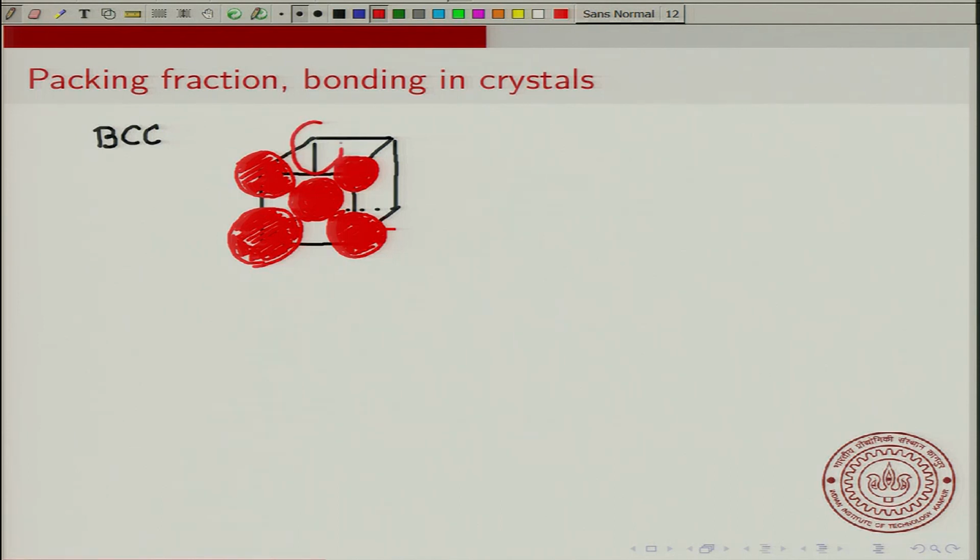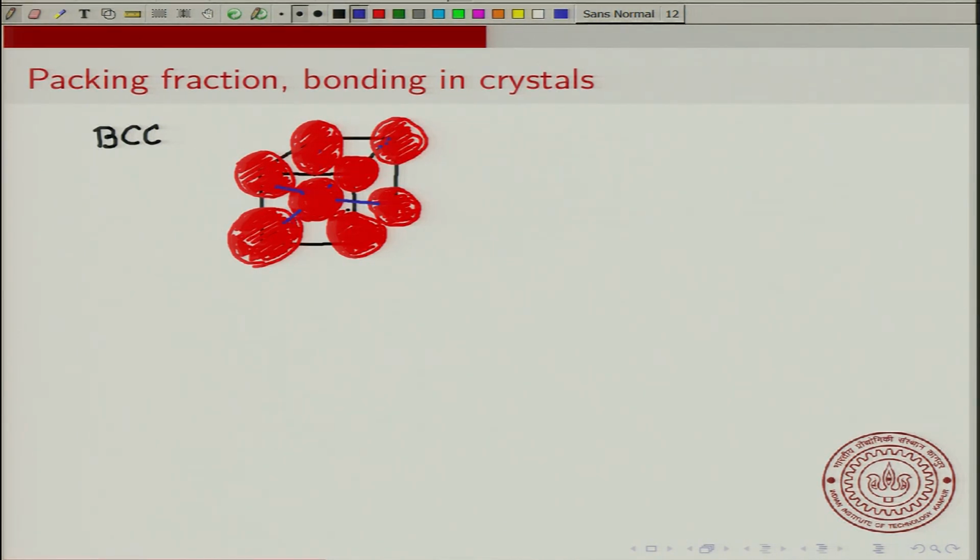Similarly, it will touch this sphere, and it will also touch this sphere, it will be in contact with this, and similarly it will also be in contact with this. Okay. So, really this is in contact with all these atoms, it's also touching this atom all the way behind.